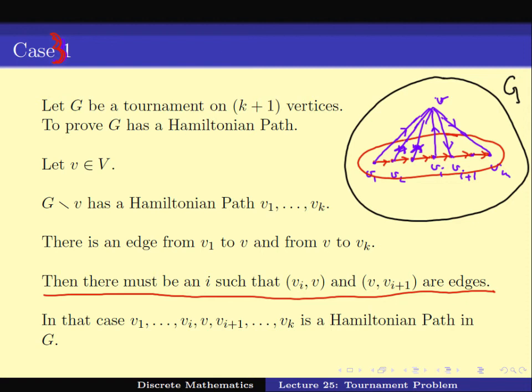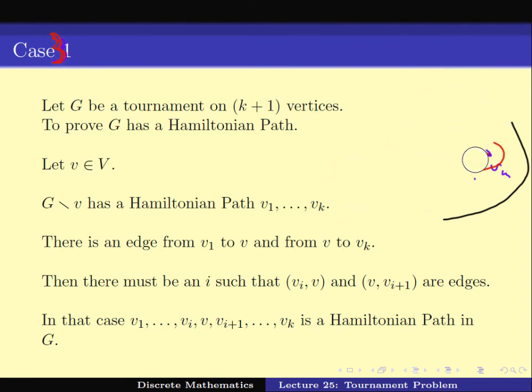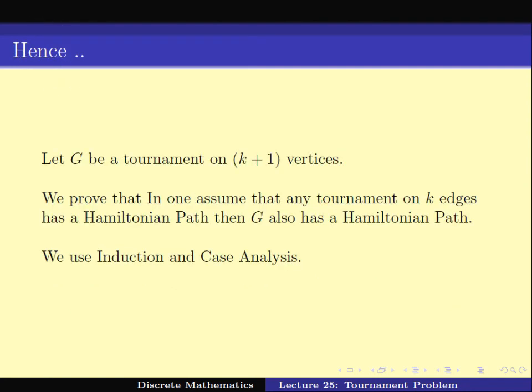So we have proved that for all three cases, we can extend the Hamiltonian path on G minus V to a Hamiltonian path of G. And hence, by the induction hypothesis, we have the proof that any tournament has a Hamiltonian path.